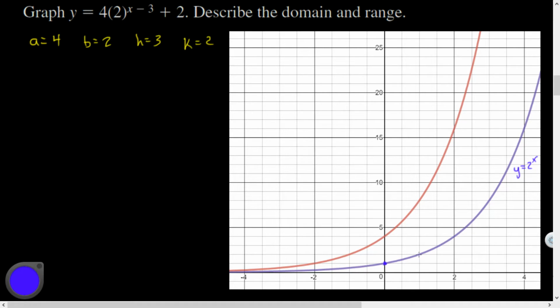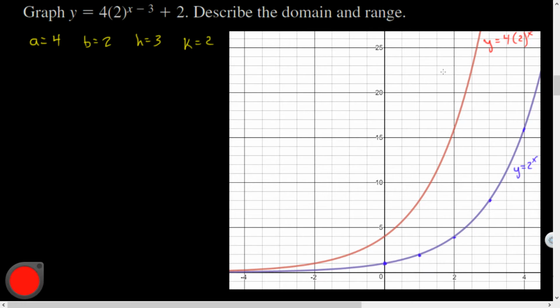And then at (1, 2) right there, and then 2 squared was 4, and 3 squared was, no, sorry, I just said 3 squared. 2 to the 3rd, different than 3 squared. 2 to the 3rd is 8, right? And 2 to the 4th is 16, so you can see that. Now multiplying by the 4 resulted in a vertical stretch. So this graph is y = 4 · 2^x. All right, so we know how to do that.